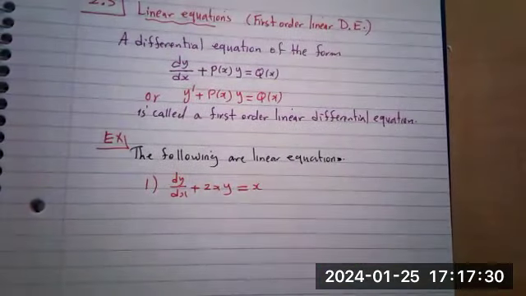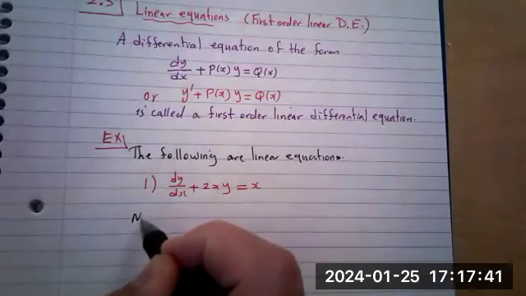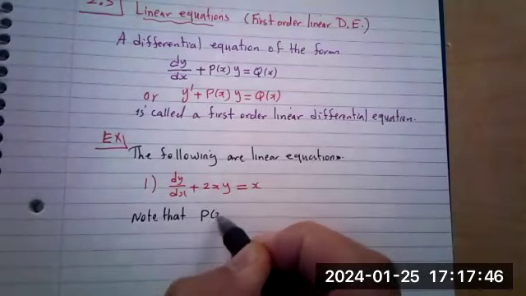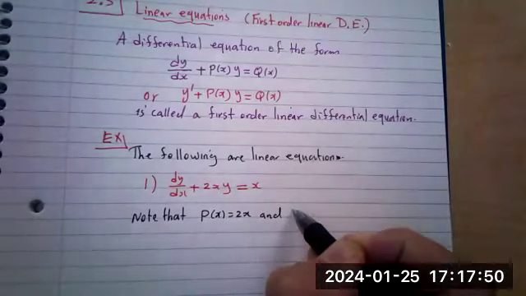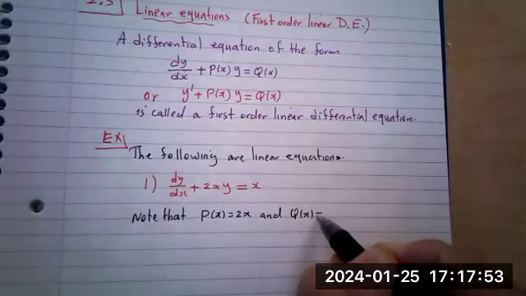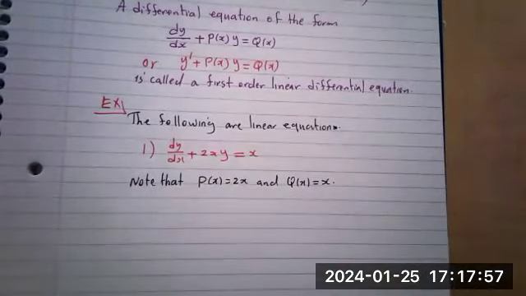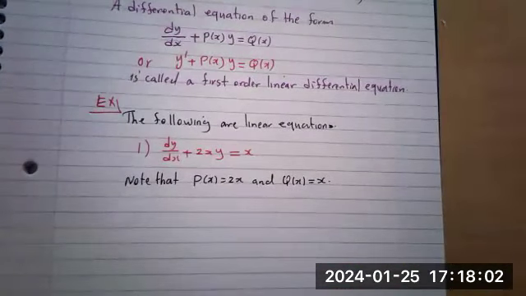Simply this one. You have y prime, something times y, equal to x. So this is linear. What is p of x? Note that p of x is 2x and q of x is x. For each equation, you have to identify it. There's a formula that takes care of it. Okay, this is one format. Any question?